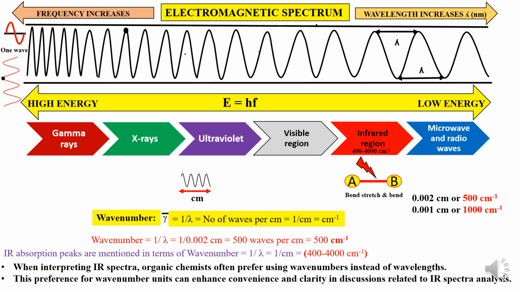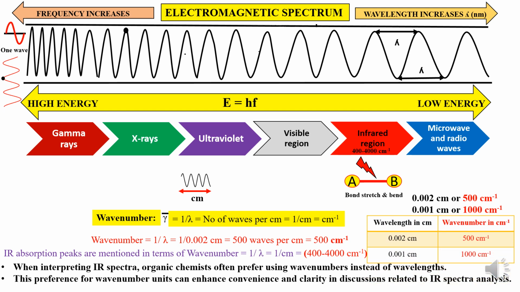So when the organic chemist is trying to interpret a particular spectrum, these values in centimeter inverse help him to carry out the interpretation easily. So it's always better to use the wave number units. And that is why IR absorption peaks are mentioned in terms of wave numbers and not in wavelengths.